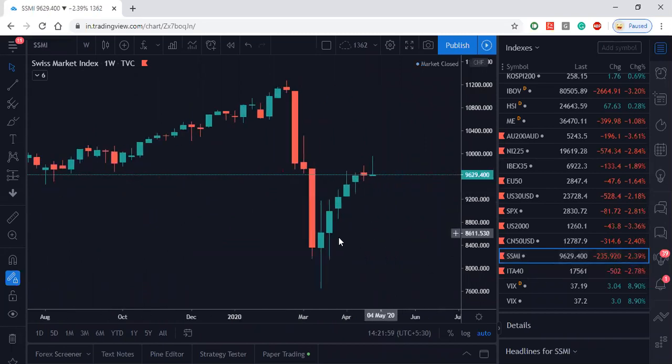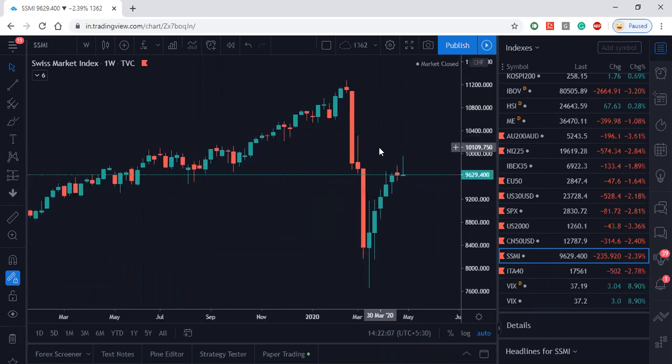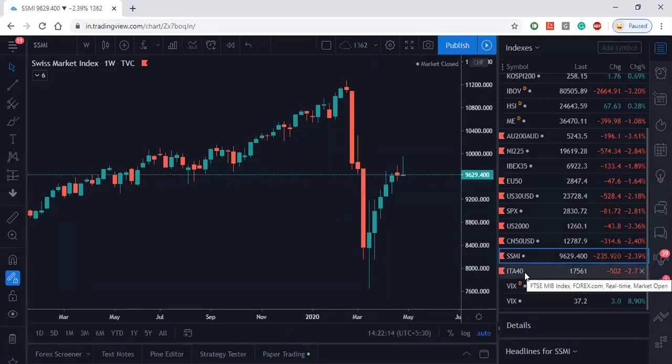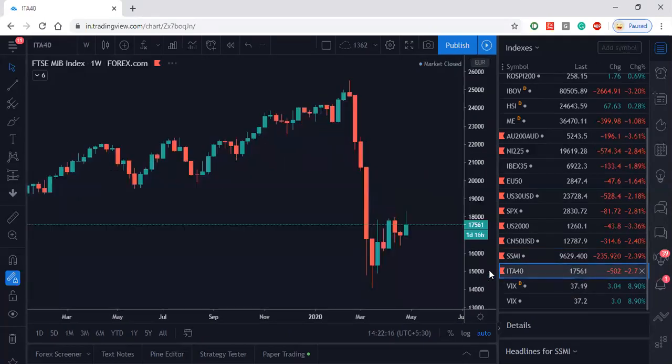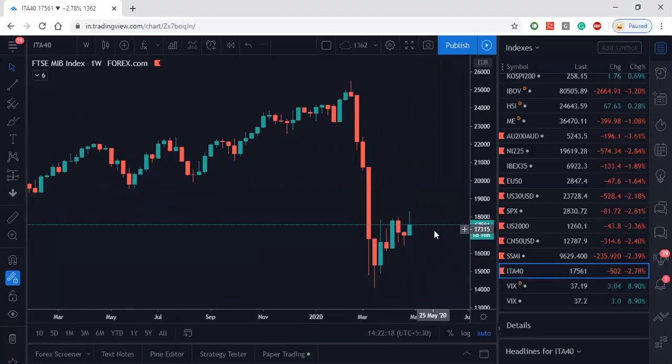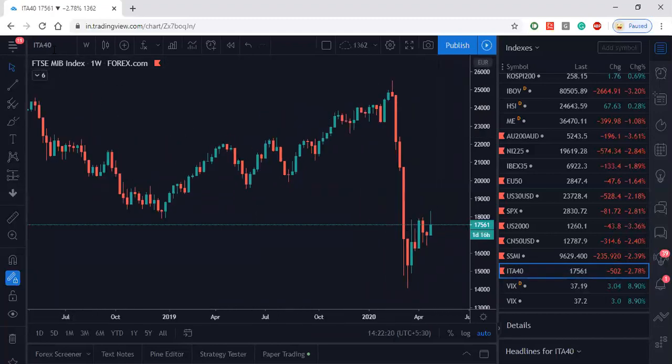You can see price was moving up, and now we have strong rejection. I'm not getting into the names of candlesticks because that's not really important. So we're just calling it a rejection, but most of you know what this candlestick is. Now we also have the FTSE, which again has a rejection, right? So this is the background of all the indexes across the world.